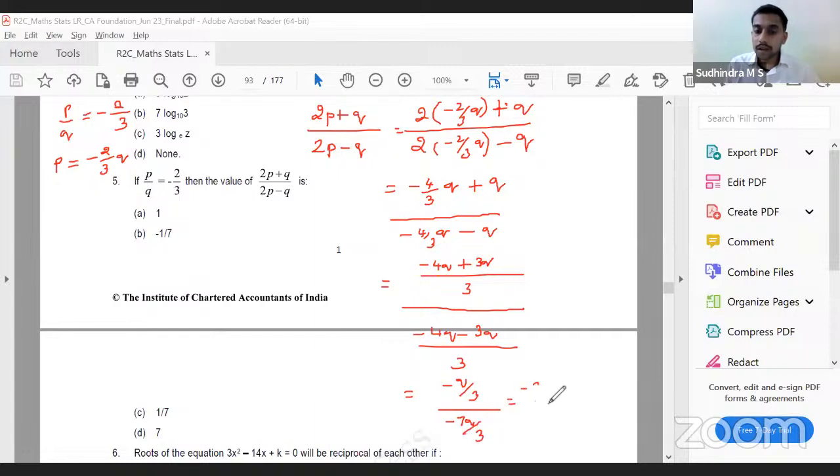That is minus q by 3 into minus 3 by 7q. 3, 3 cancel, q, q cancel, minus into minus is plus, 1 by 7. Plus 1 by 7 is the answer.